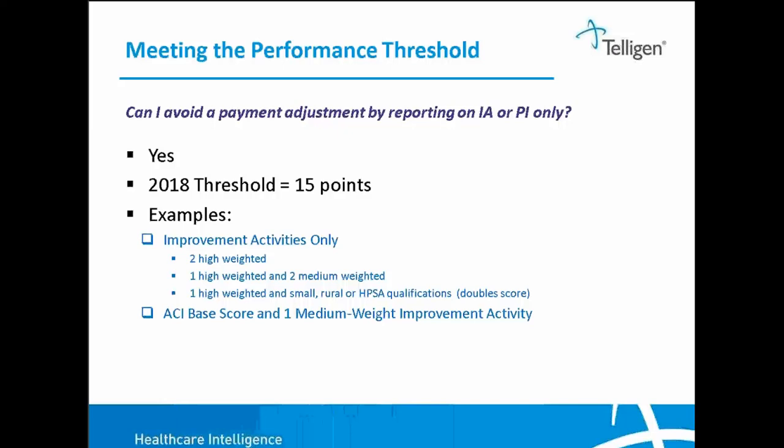So again, you'd be above the threshold. So yes, you can avoid the payment adjustment by just reporting on IA only or IA and the PI base score.